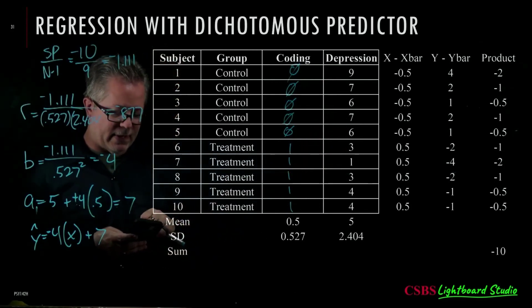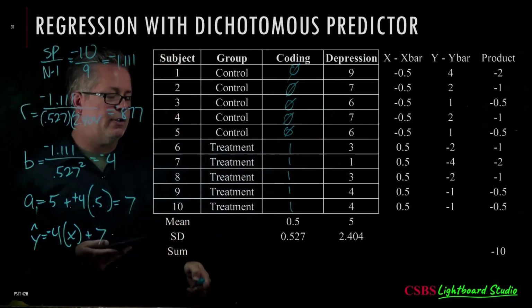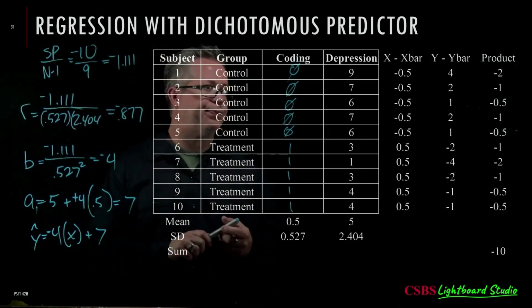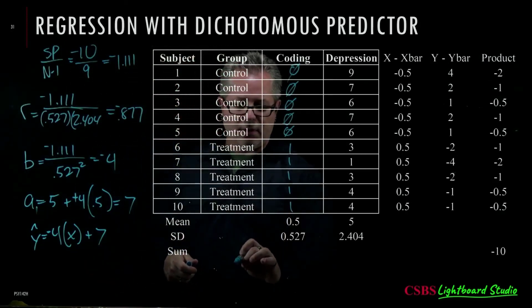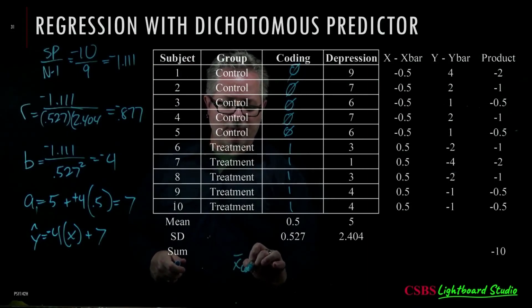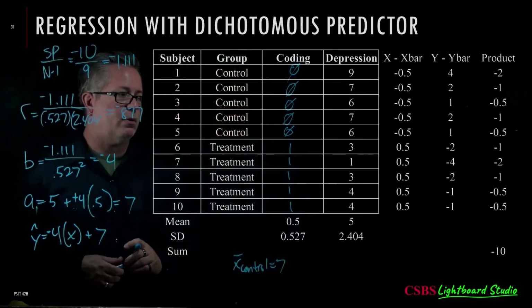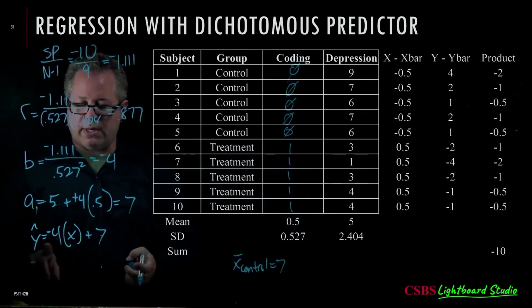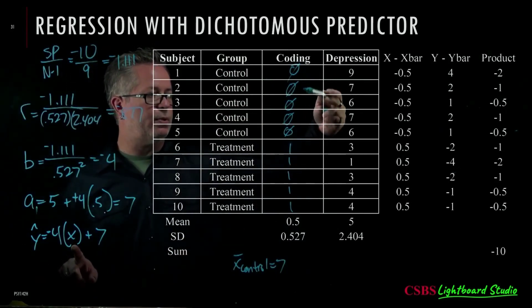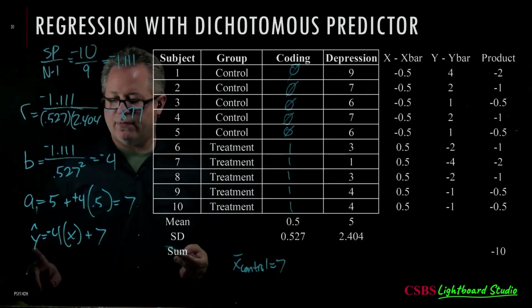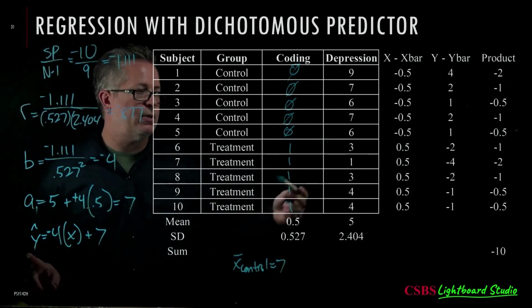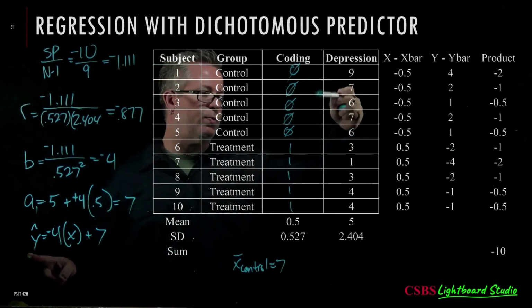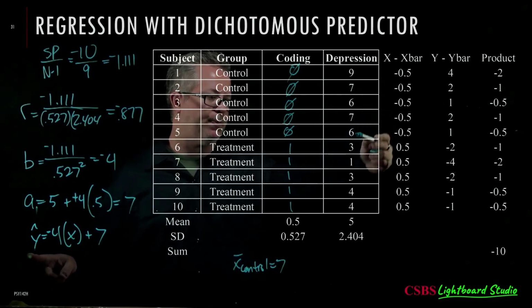Divide that by 5, and I get 7. So 7 represents the mean for the control group. So when x is 0, meaning we're in the control group, what do I expect from my control participants? Well, all I really know is their group, so I'm going to expect their group mean, which is 7.